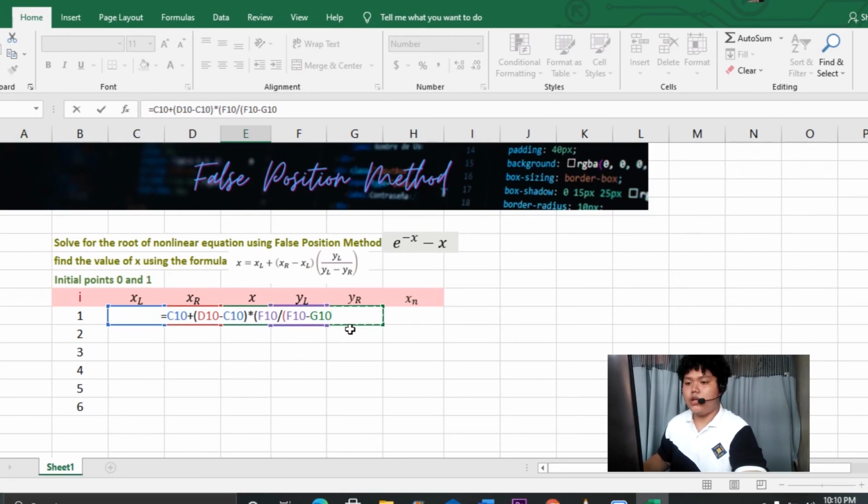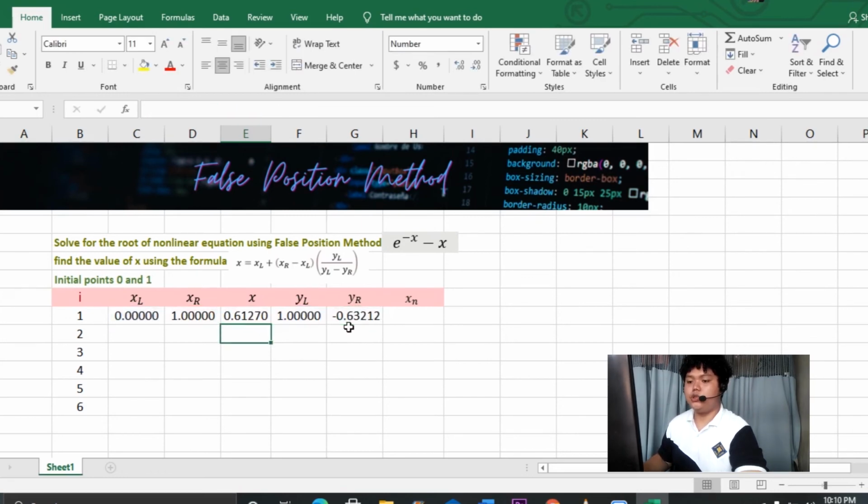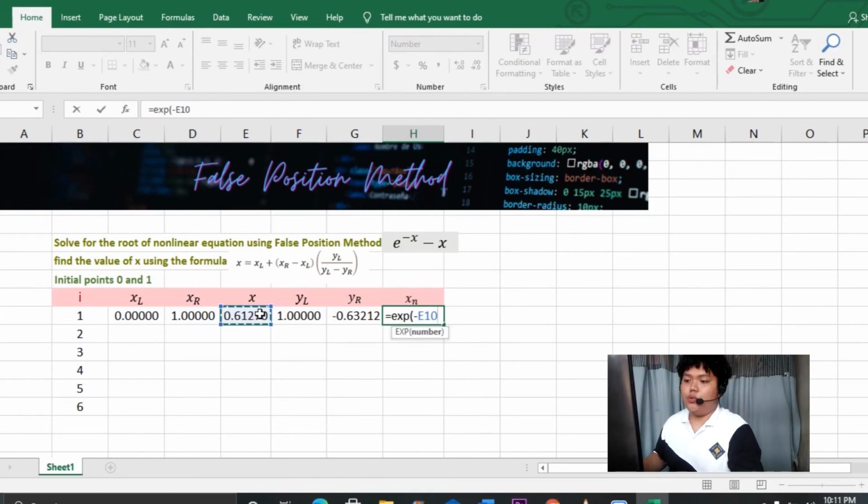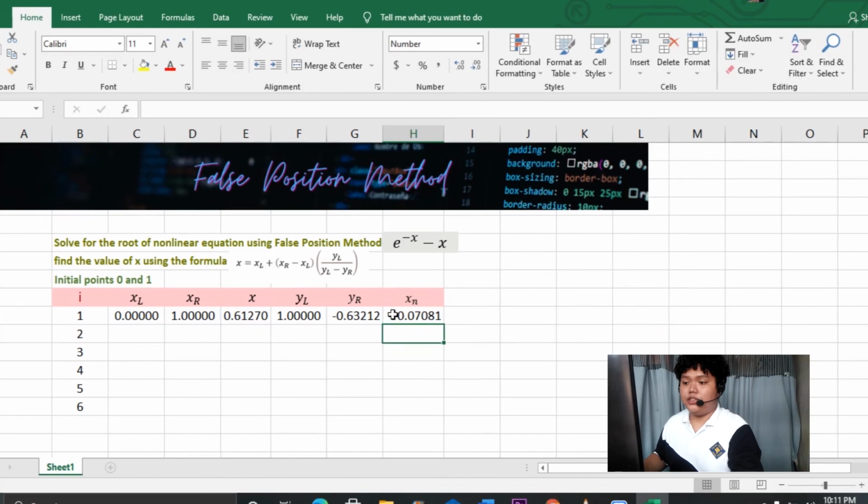So we will have a value of x of 0.61270. To find the function of x, we will substitute to our formula equals EXP negative this cell, close parentheses. So we will have a value of our function of x of negative 0.07081. So for our second iteration, we will apply the conditions.